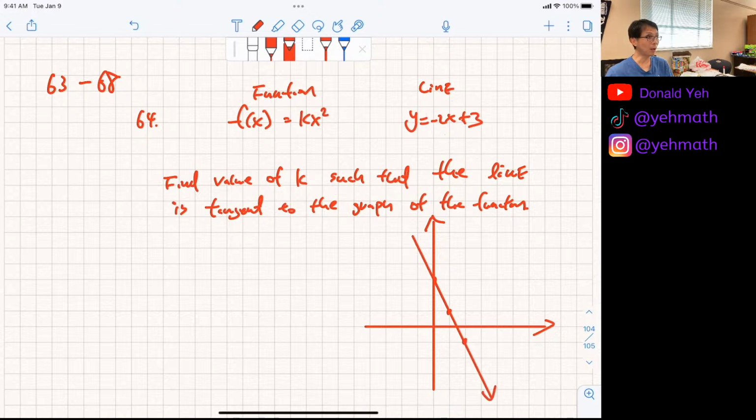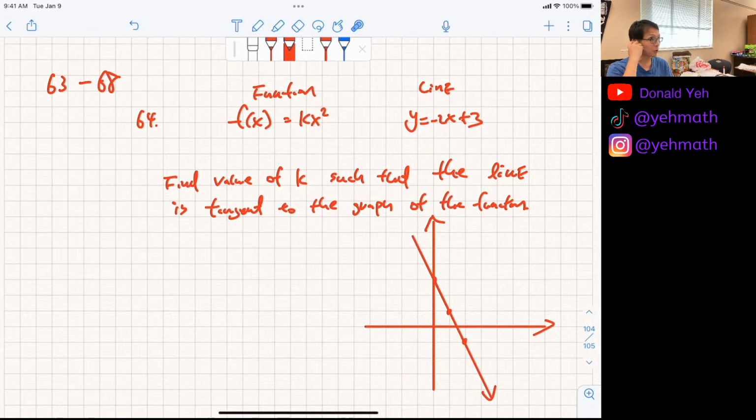Now there's some type of parabola. This parabola could open this way. That's not going to be tangent, right? So this parabola has to open which way? Open probably down, right? And hopefully at this point, they intersect each other.